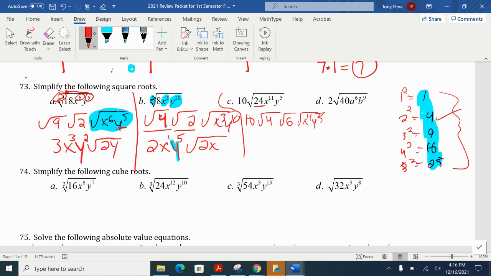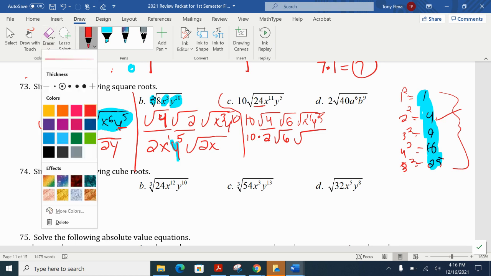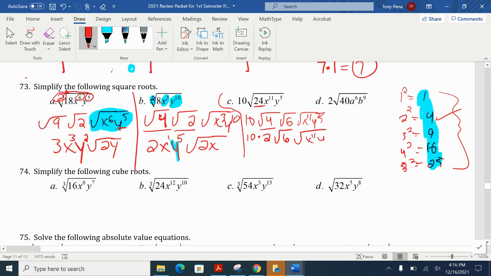So the 10 I'm going to drop. I'm going to multiply that by the square root of 4, which is a 2. Leave the root 6. And then, I probably could have shortened this up a little bit. Let me just rewrite the variables in here too. All right, so this gives us 20, the 10 and the 2.